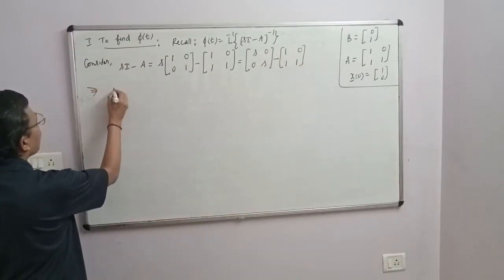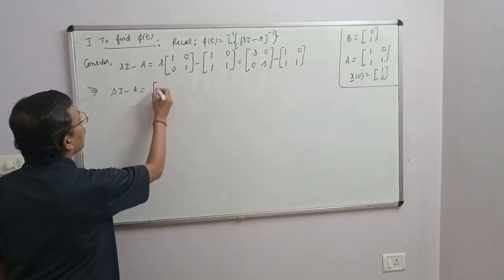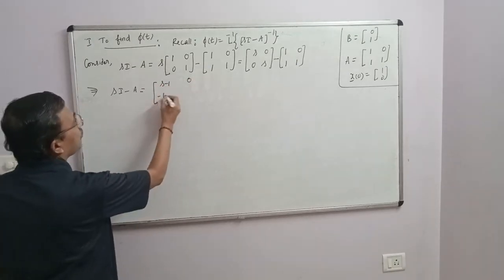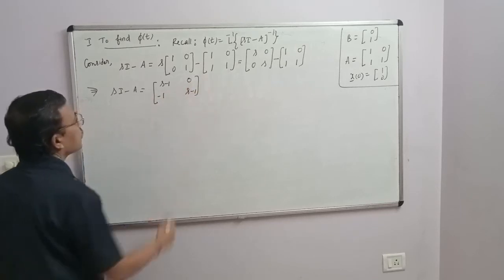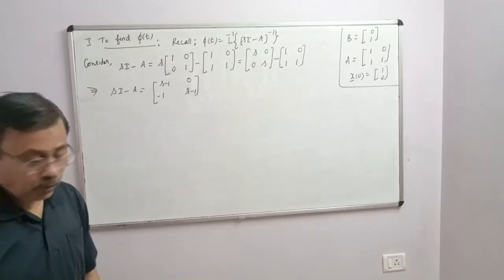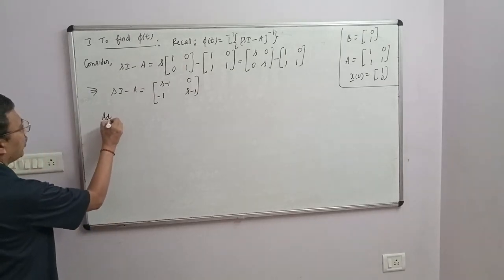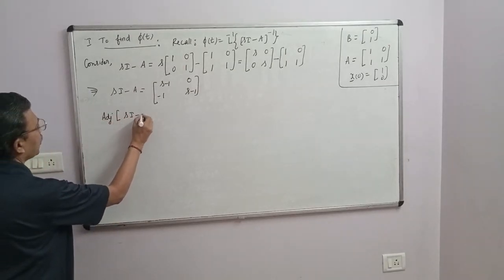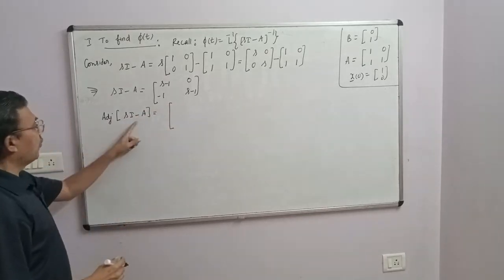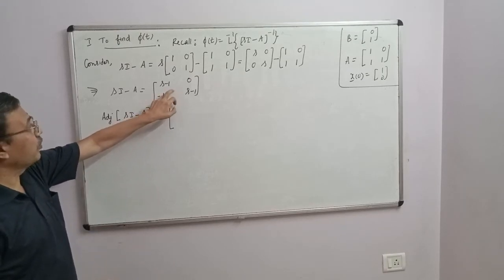This implies sI minus A is equal to [s minus 1, 0; minus 1, s minus 1]. Next, what do we have to do? We have to find the inverse of sI minus A, which means we have to find the adjoint. The adjoint of sI minus A is the transpose of the cofactor matrix.